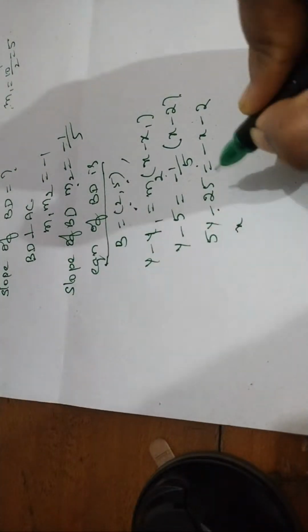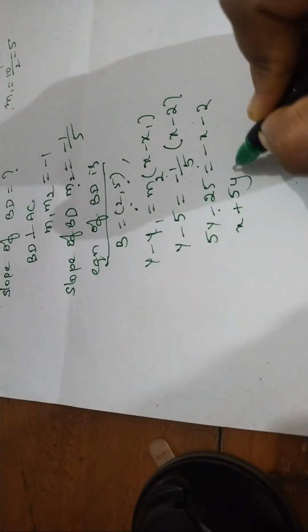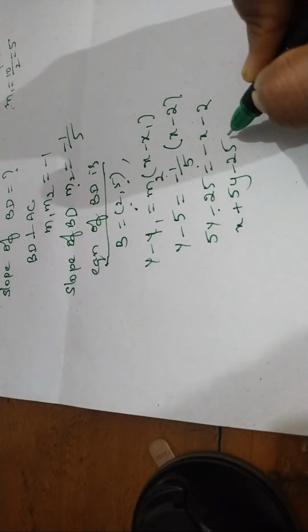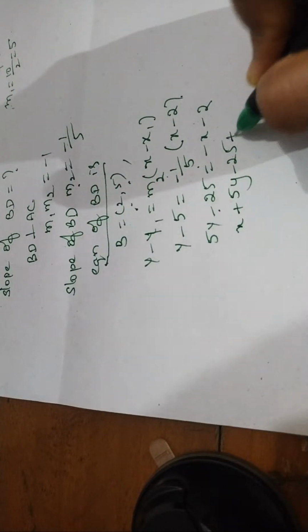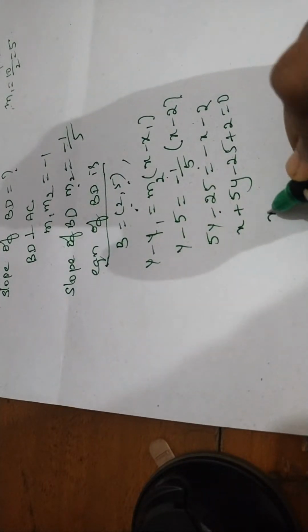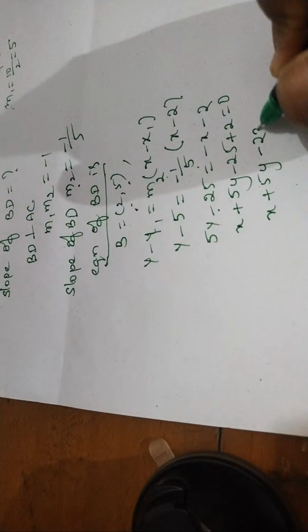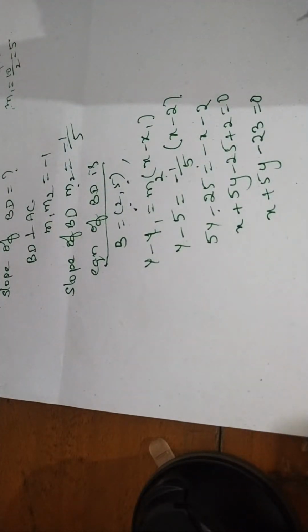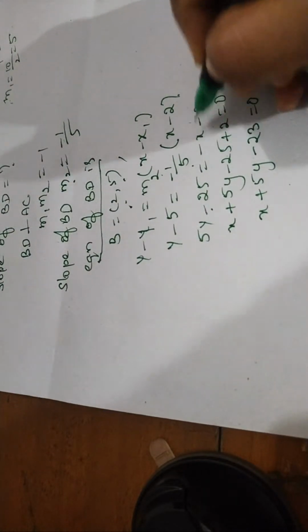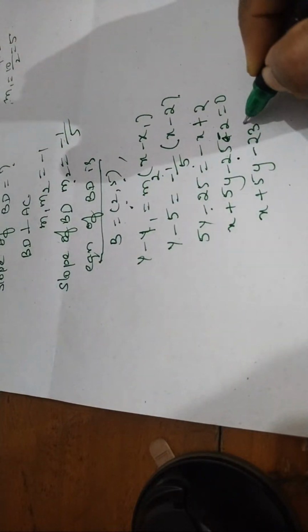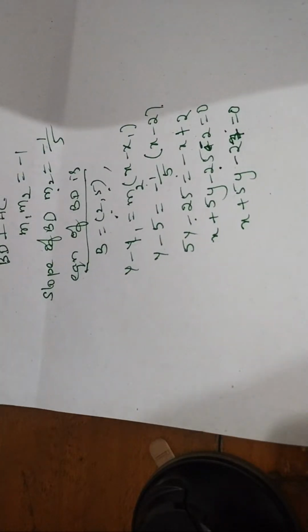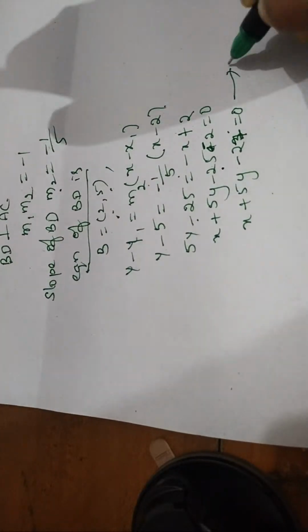We get plus x plus 5y minus 25, and the minus 2 moves to this side, we get plus 2. Sorry, here minus into minus is plus. So we get minus 25 minus 2, which is minus 27. So I got this equation, the BD equation.